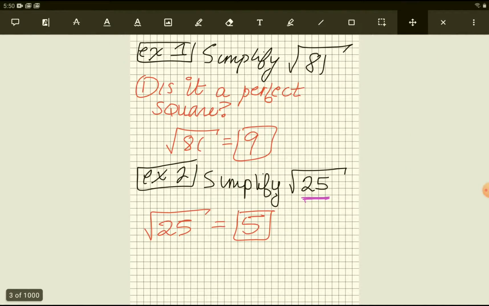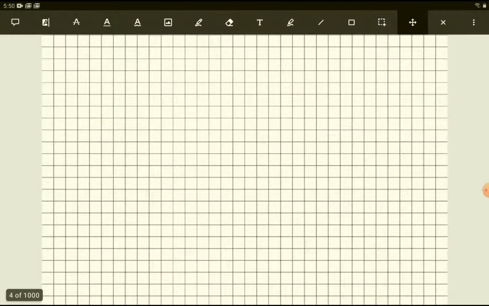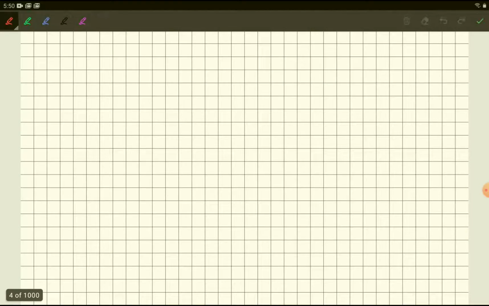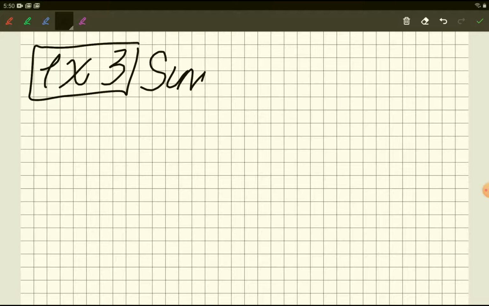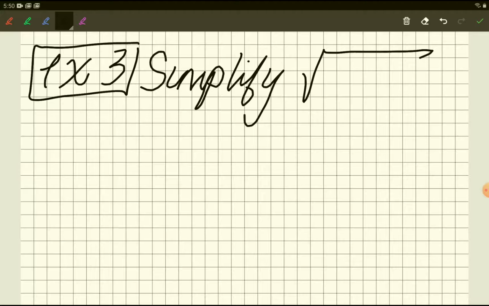But what happens when the number is not a perfect square on the inside? So let's do a few of those. Example 3 wants you to simplify the square root of 75. And so, again, your first move should be, is this number a perfect square?